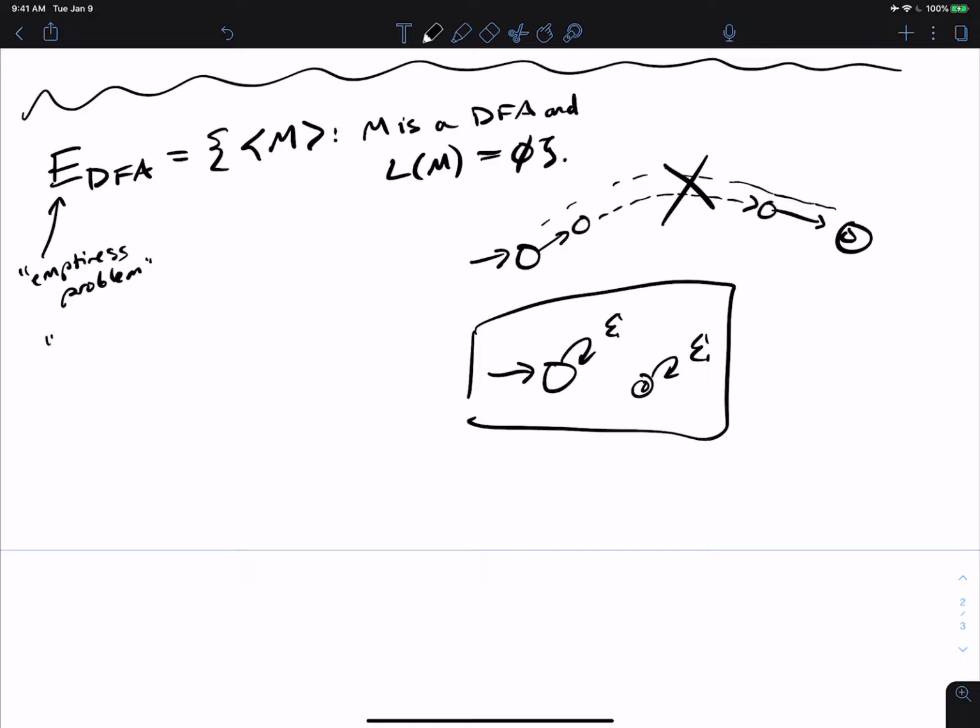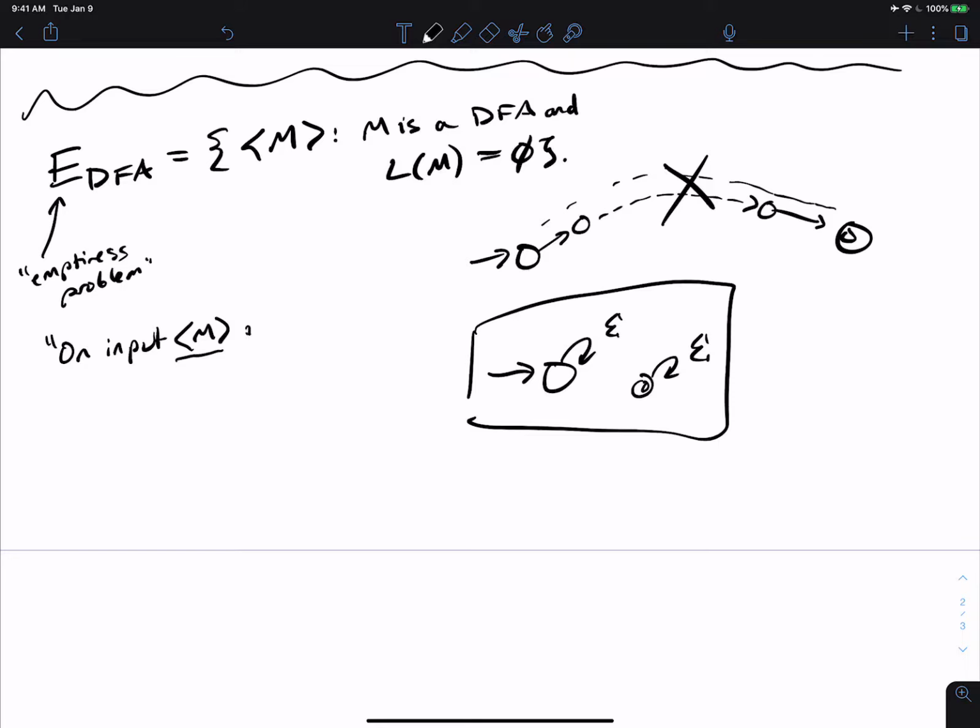So on input M, remember, the E_DFA problem always expects a single machine and nothing else. I keep reiterating that because having these input ideas is actually important later.